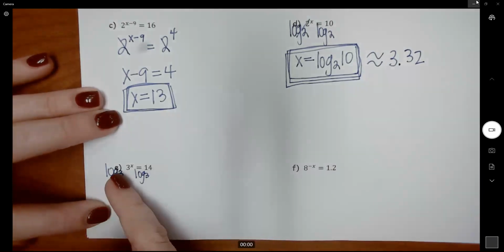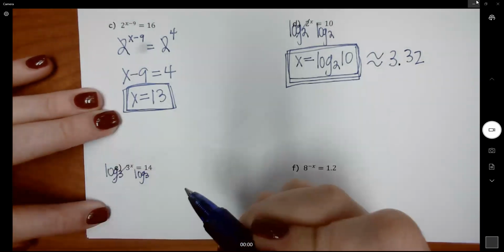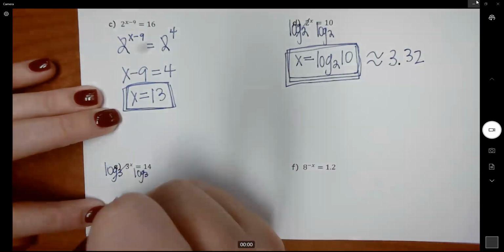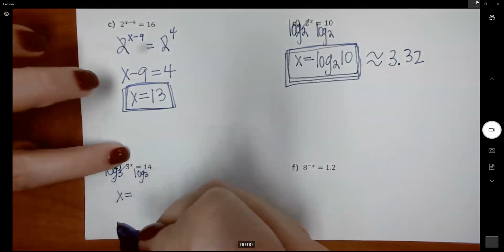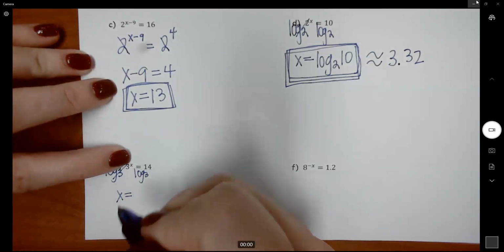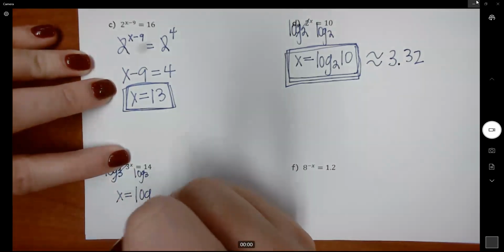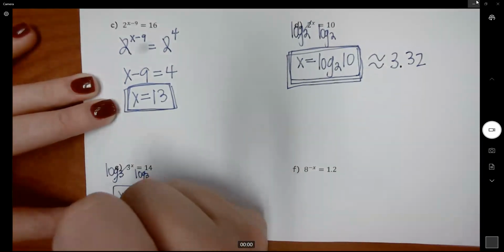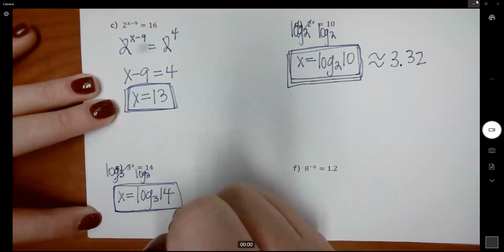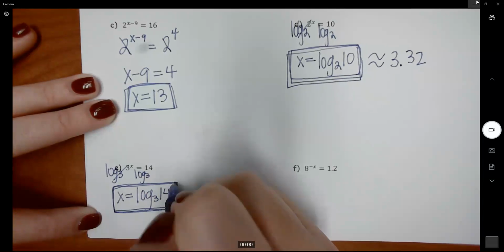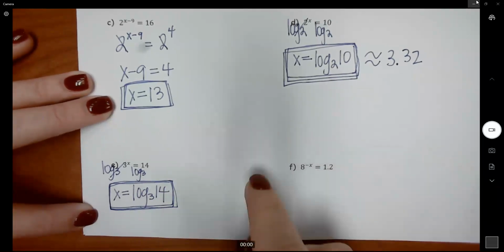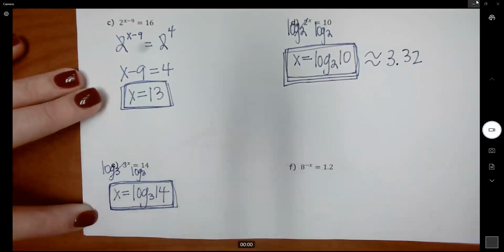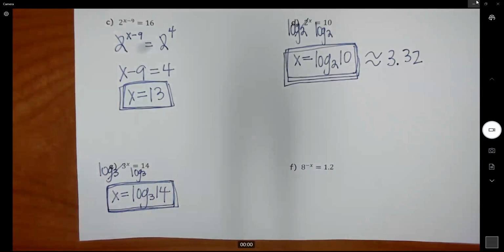So log base 3 of 3, that cancels because that's 1. I am just left with whatever the exponent is, in this case, x. And then this side here is log base 3 of 14. That is my exact answer, and you can punch that into the calculator to get the decimal equivalent.